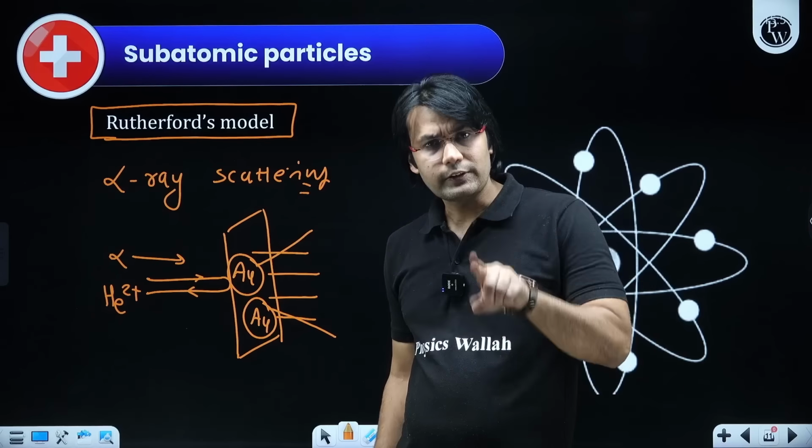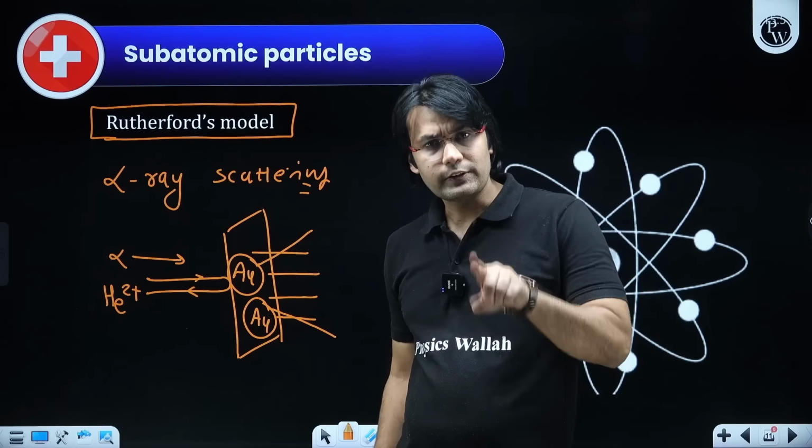Now why am I talking about charge here? Because the force between electron and nucleus is an electrostatic force. Electrostatic force can be calculated as k into Q1 Q2 by r square, right? Charge of first particle into charge of second particle divided by r square. And that electrostatic force, students, is acting as a centripetal force here.